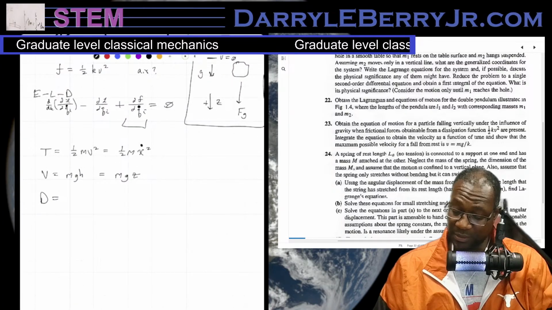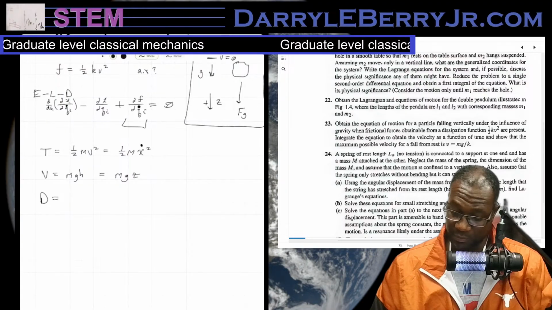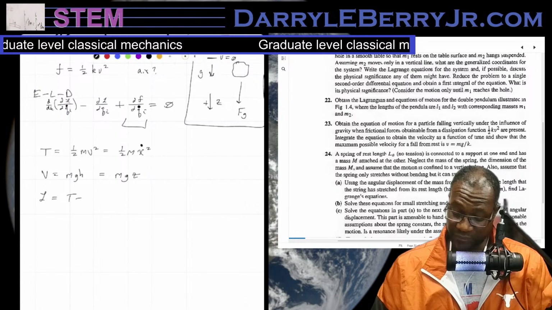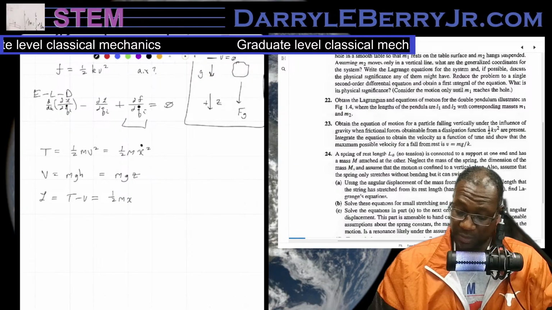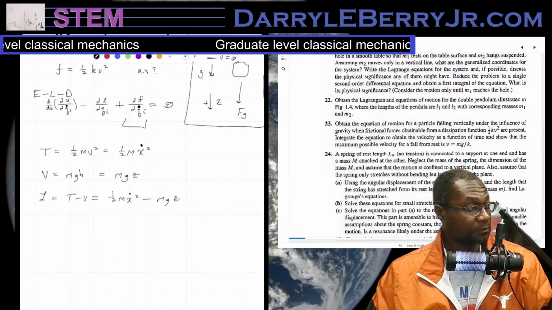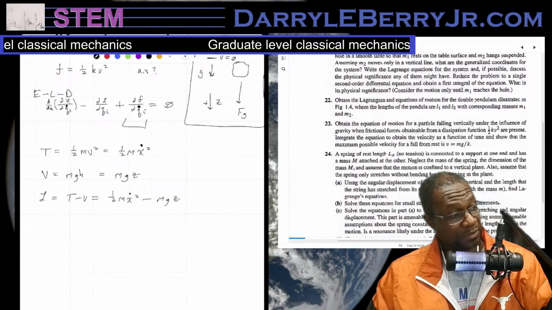No, hold up, we didn't get there yet. So the Lagrangian is T minus V, which equals 1/2 m z dot squared minus mgz. Let's see if I have that correct. That's correct.